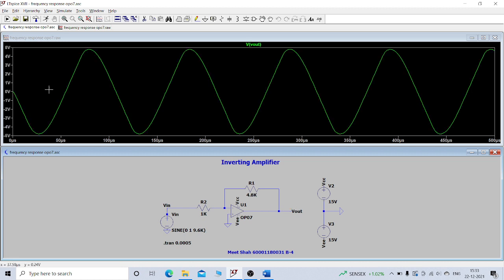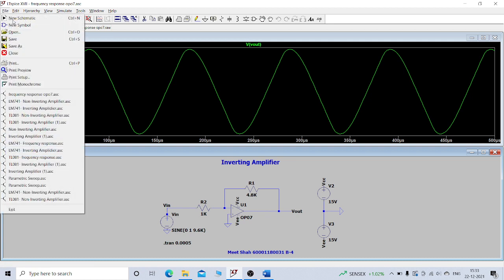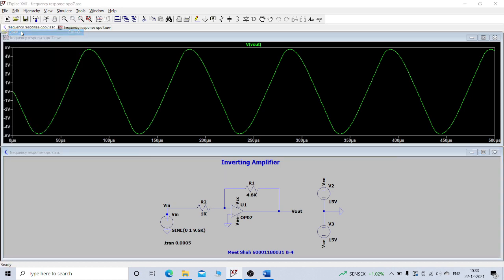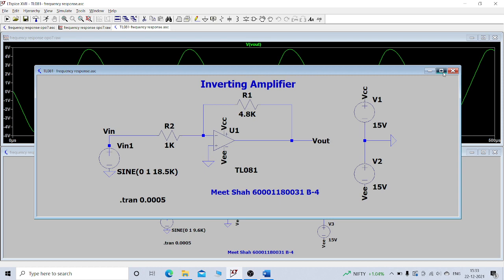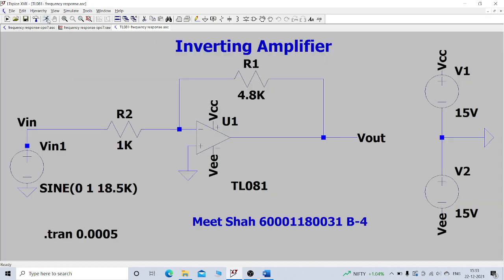We can see that it is a sinusoidal wave, and it starts from 0, it goes to negative, and then again to positive. Now we'll open the frequency response of TL081. We'll run this also.